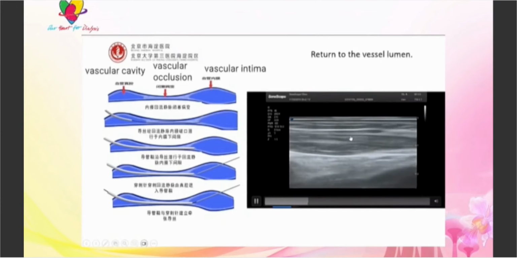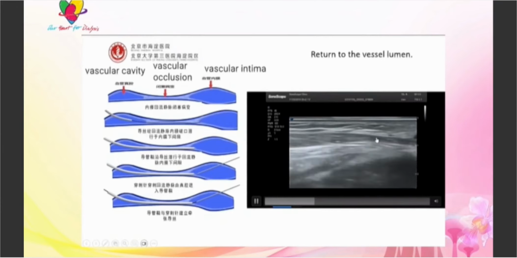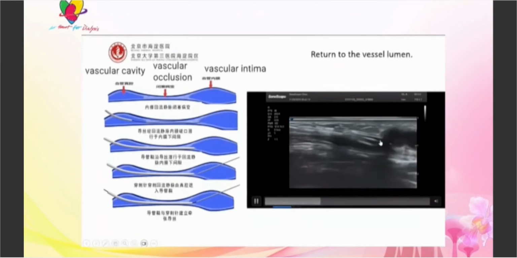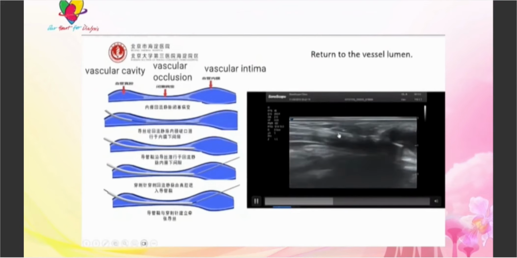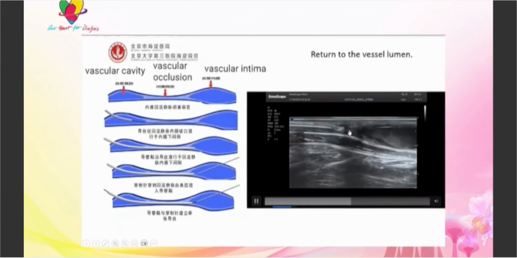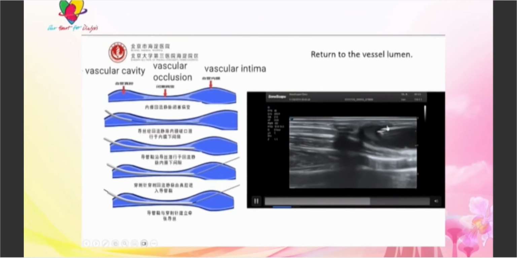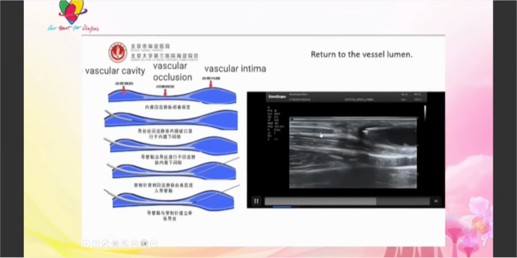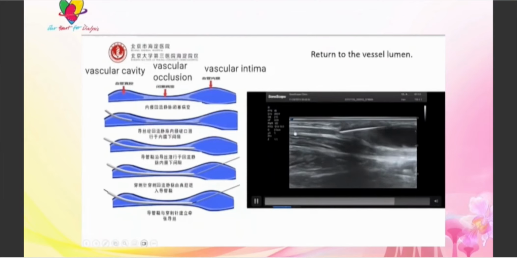And then we place the catheter sheath through the guide wire, and keep the catheter sheath close to the vascular cavity, and the puncture needle punctures the vascular cavity to the catheter sheath. This is the puncture needle. This is the catheter sheath.